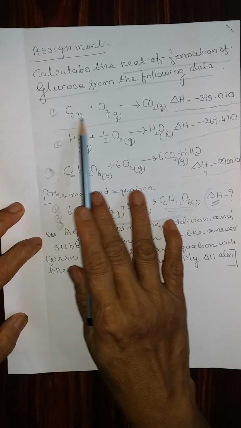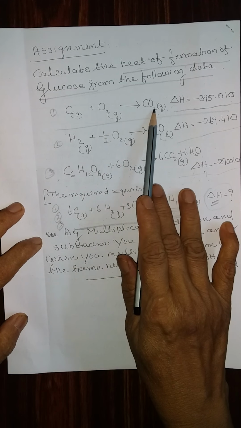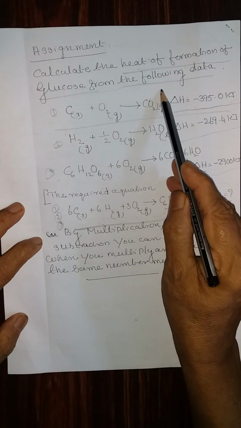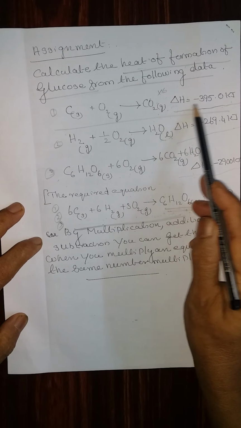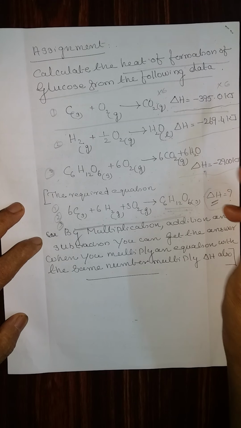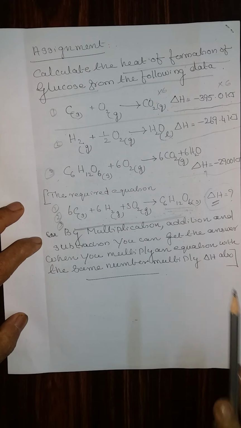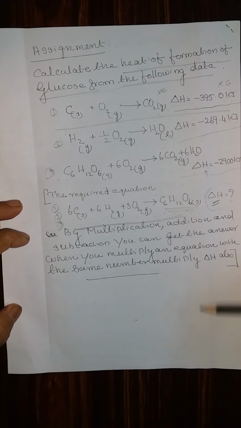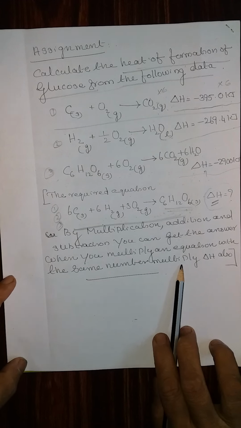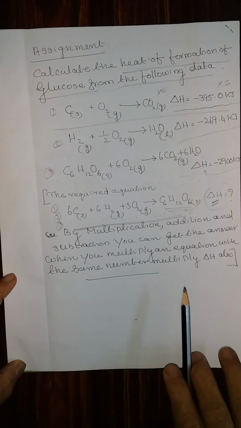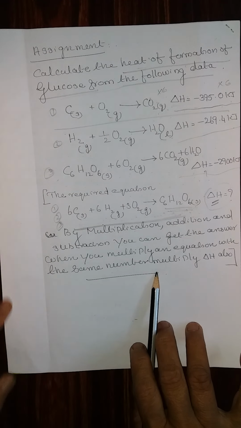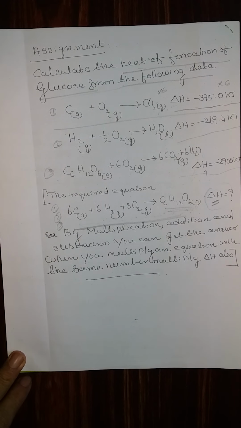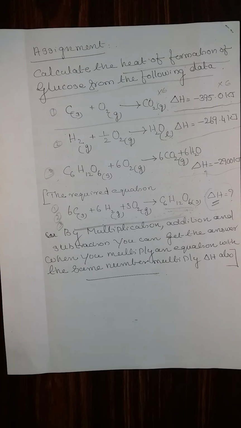If you multiply carbon plus oxygen giving carbon dioxide by 6, you should multiply the delta H also by 6. These are the basic principles to be followed in order to solve this problem. Try to do it, see the answer, and only after that refer to the textbook and check whether it is correct.